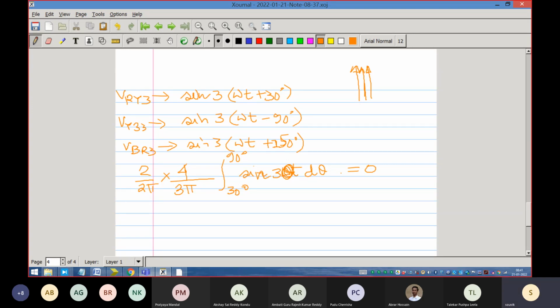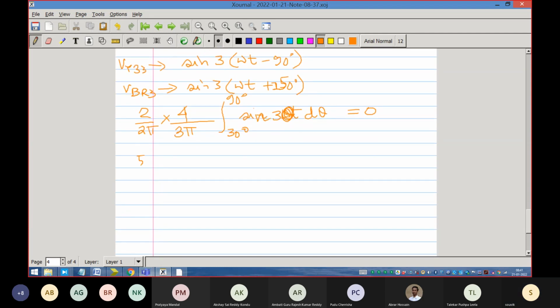The fifth harmonic component, if you look at it, what is the fifth harmonic component? That is VRY5. Okay, you have to integrate it, so let me write it.